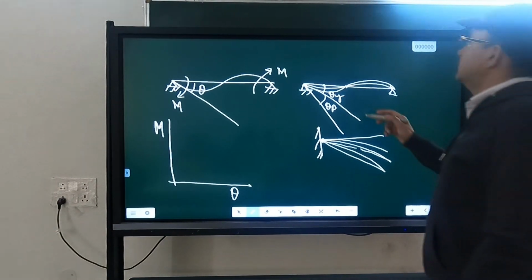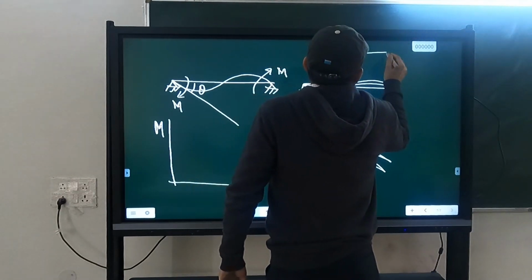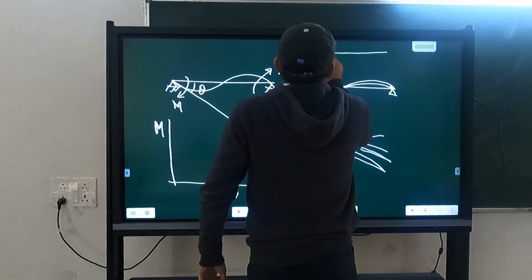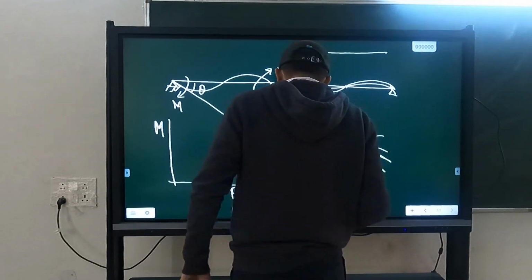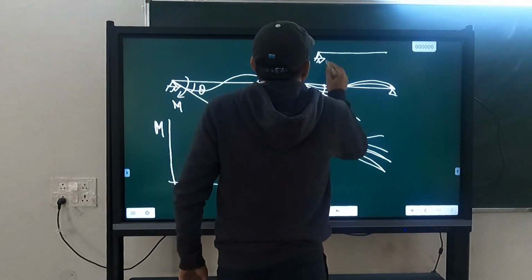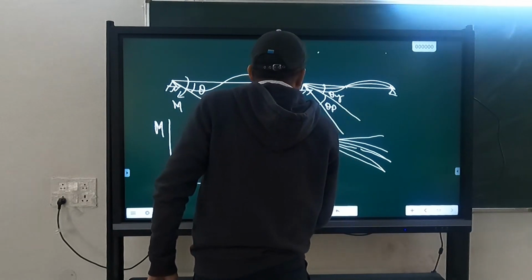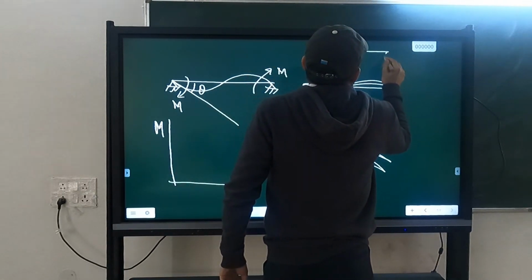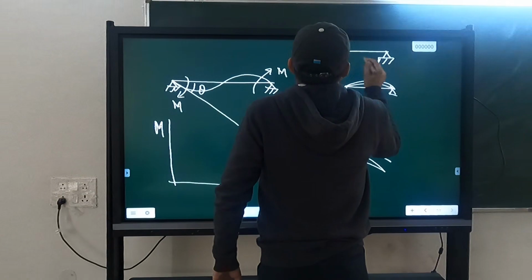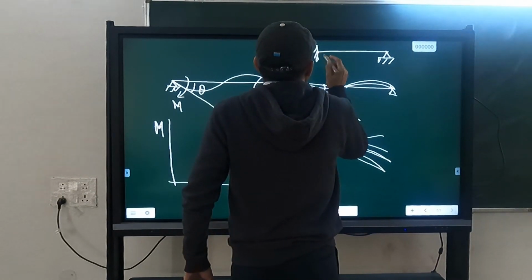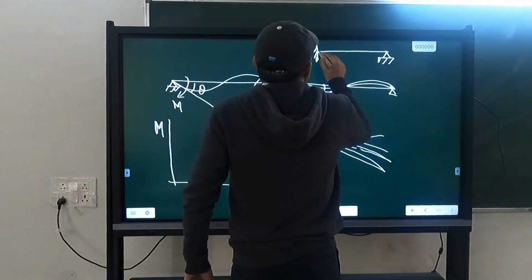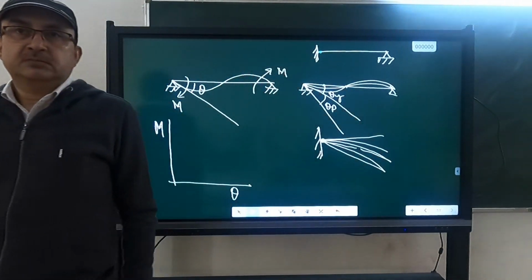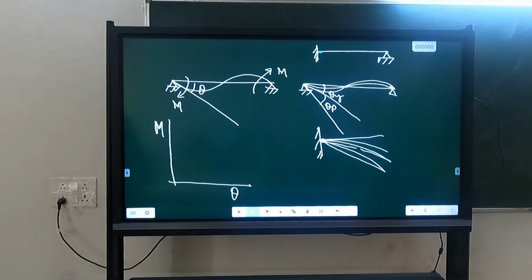It is like this. Or let me take a fixed support here, then it is better. And I have a hinge here. Hinge, not plastic hinge.